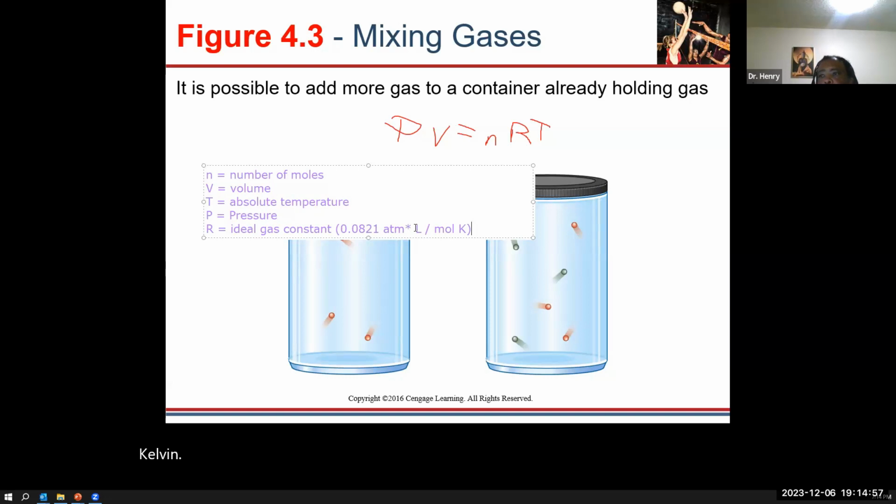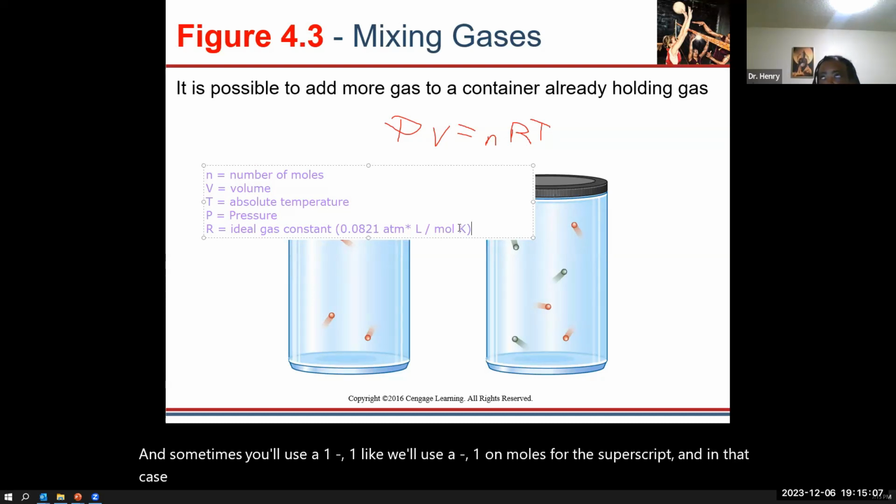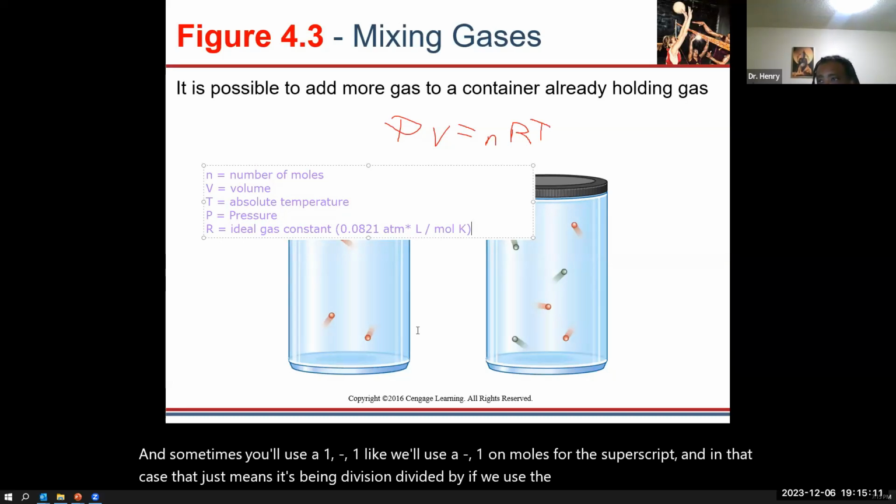And sometimes you'll use a minus one, like we'll use a minus one on moles for the superscript. And in that case, that just means it's being divided by. If we use the minus one as an exponent.